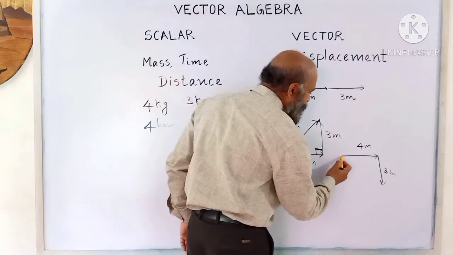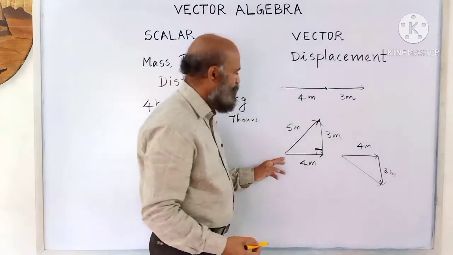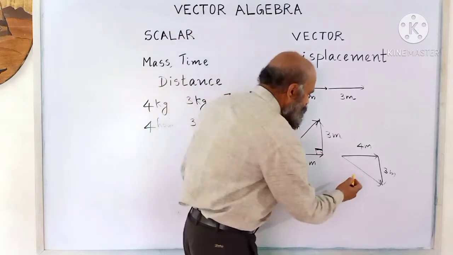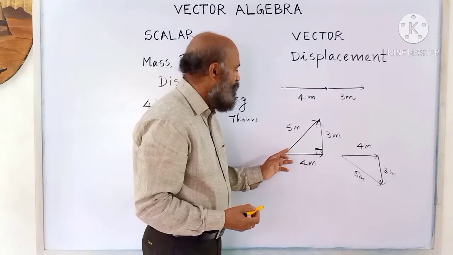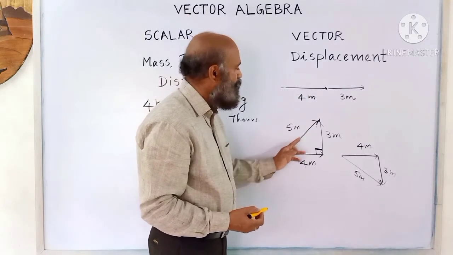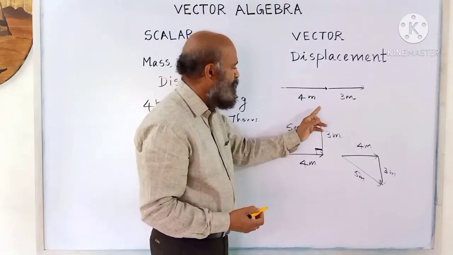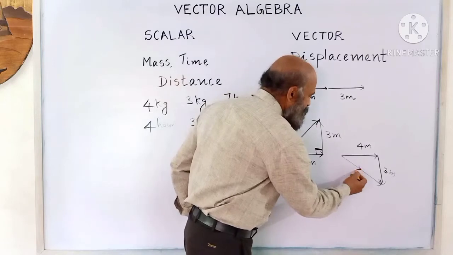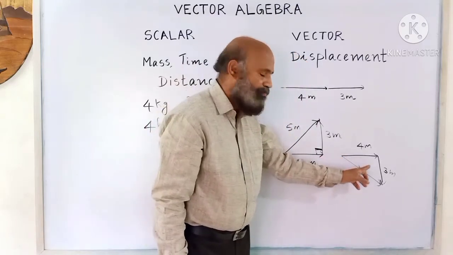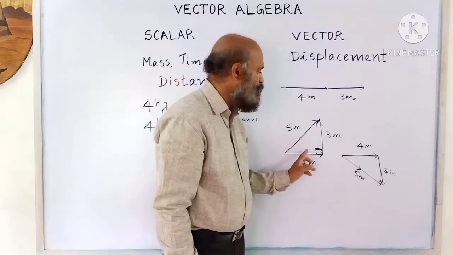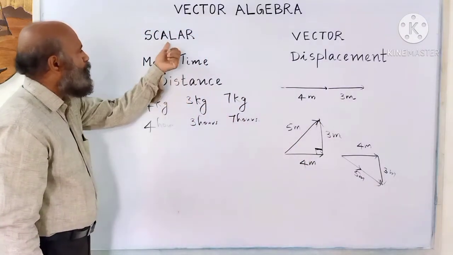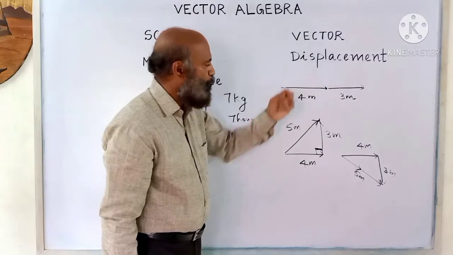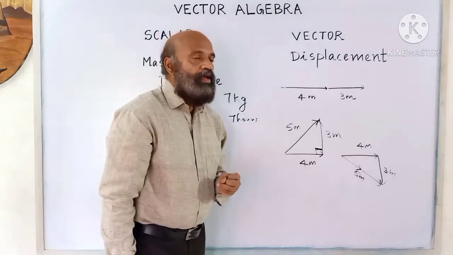Still the magnitude of the displacement is the same 5 meter, but direction is different. So here displacement is in this direction, here displacement is in this direction. In this case distance is 7, in this case also distance is 7. So distance is a scalar quantity. Displacement is a vector quantity.